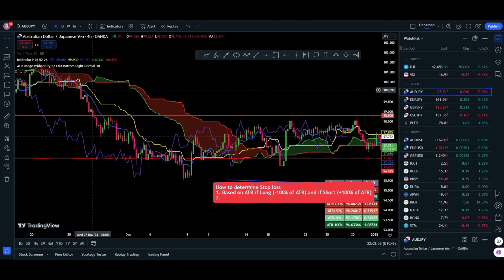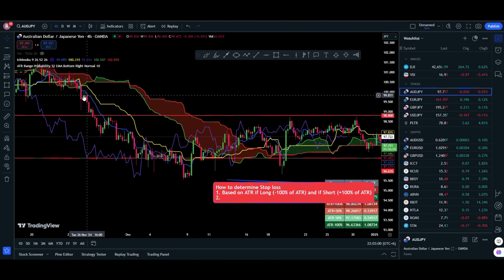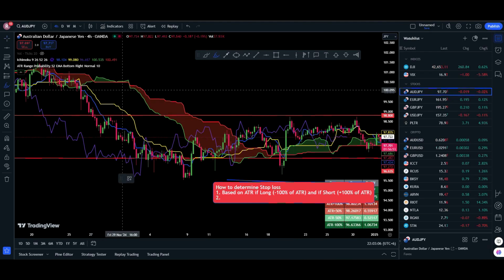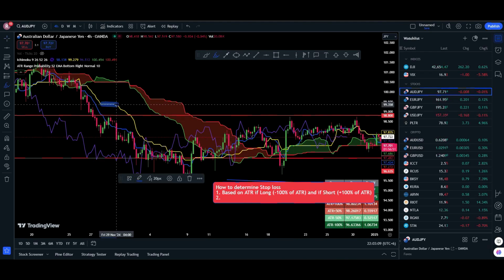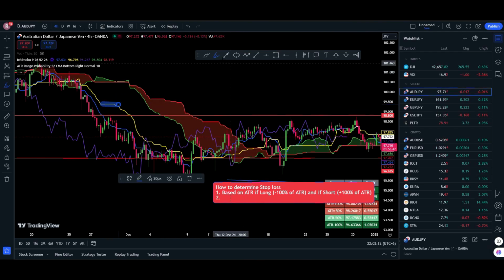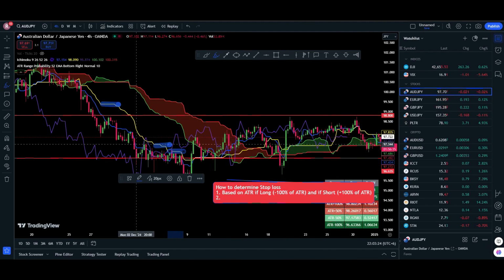Not exactly like this, not changing after each bar. We will follow this, then again we will follow this area, then again this area if we go short.